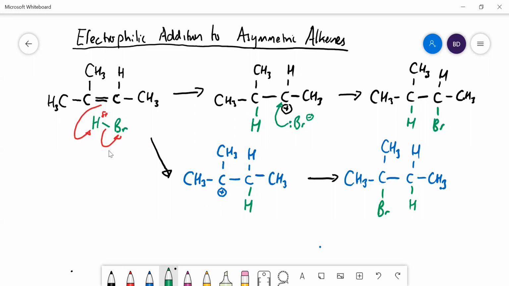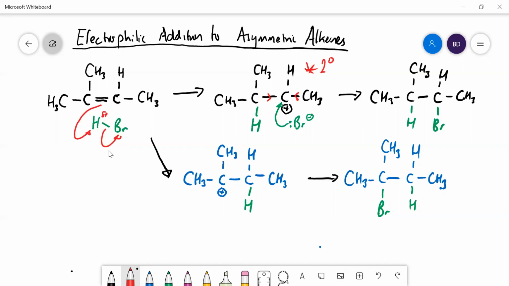So let's see, what kind of a carbocation is this one? Let's talk about this one here. What kind of a carbocation is it? Well, it is a secondary. It's got two other carbons attached, that one and that one. Don't forget, each of those carbons is going to be pushing a bit of negative charge in two alkyl groups into that positive, making it slightly less intense than it would be.